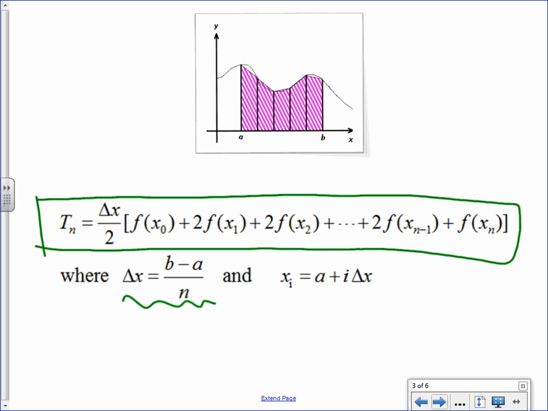Okay, so delta x, yesterday that described the width of each of our rectangles. Today it's describing the height of the trapezoid. Let's talk about a trapezoid. A trapezoid has two sides that are parallel, correct? So those are what we call our bases, okay? The height is the distance between the two bases.